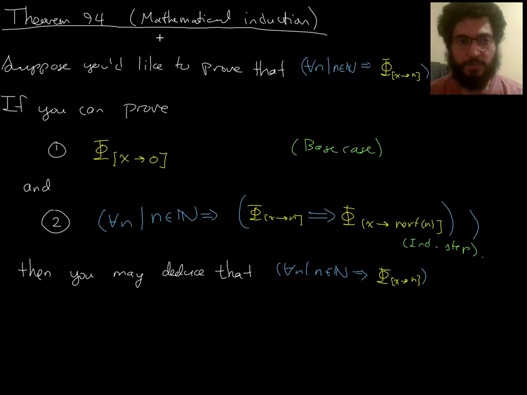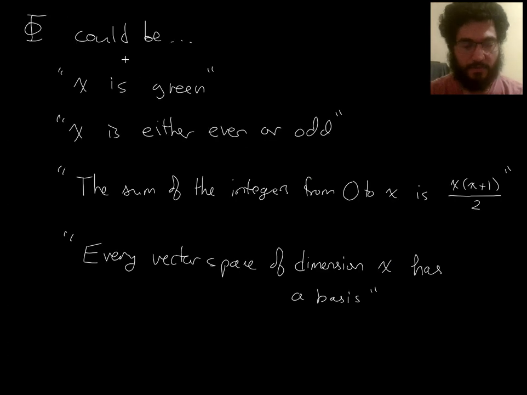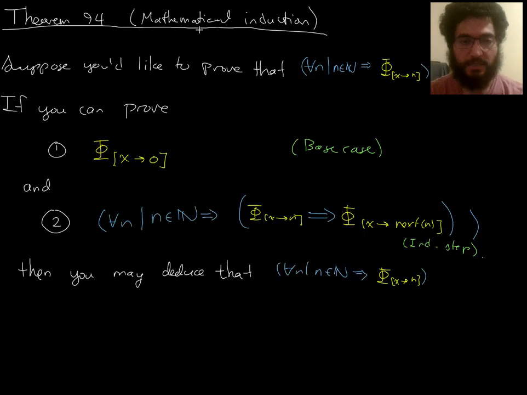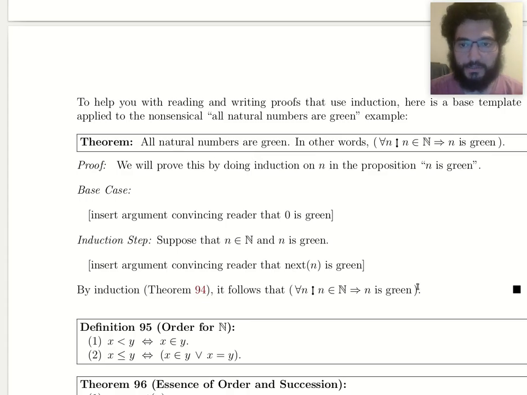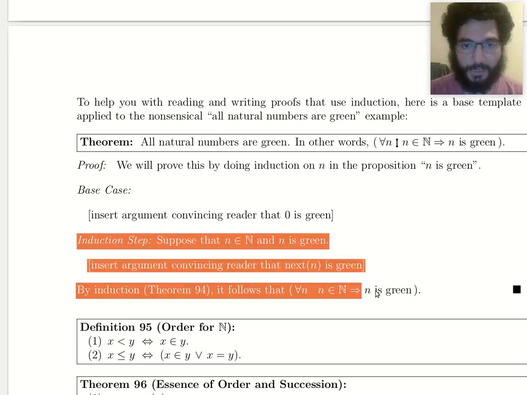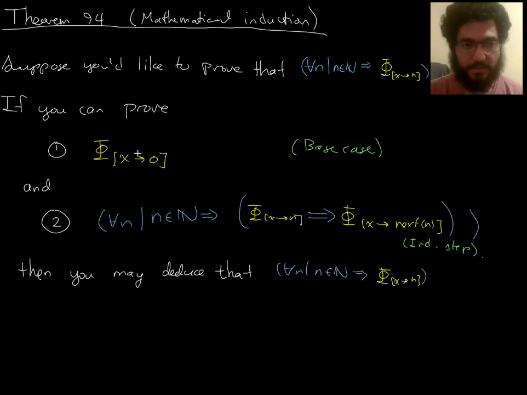When you actually go to use this theorem, say you want to use it to prove that for all natural numbers n, n is green, here's the format that I will suggest that you follow and that I will follow when I write things. Basically, split your proof into two parts, a base case and an induction step. This makes sense because you need to prove a base case and an induction step in order to use this theorem and get the conclusion that you want.